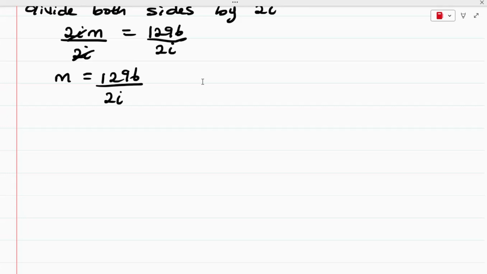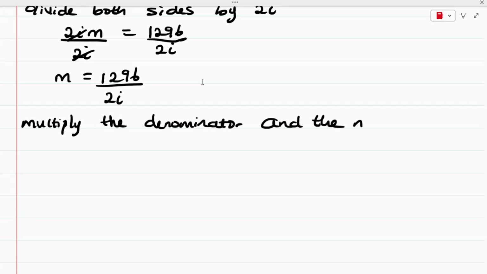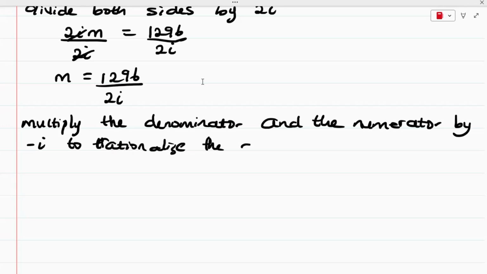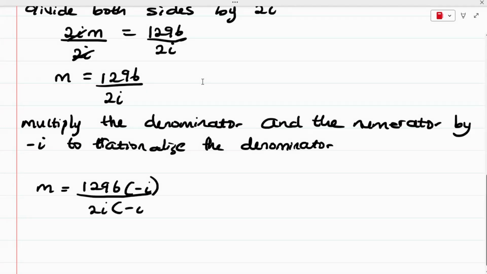So the next thing we want to do is to simply multiply the denominator and the numerator by negative i to rationalize the denominator. So doing this, we have that m is equal to 1296 multiplied by minus i over 2i multiplied by minus i.